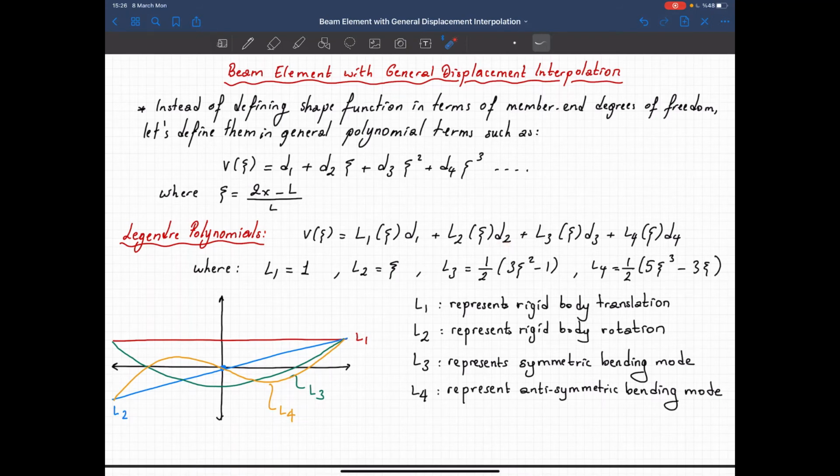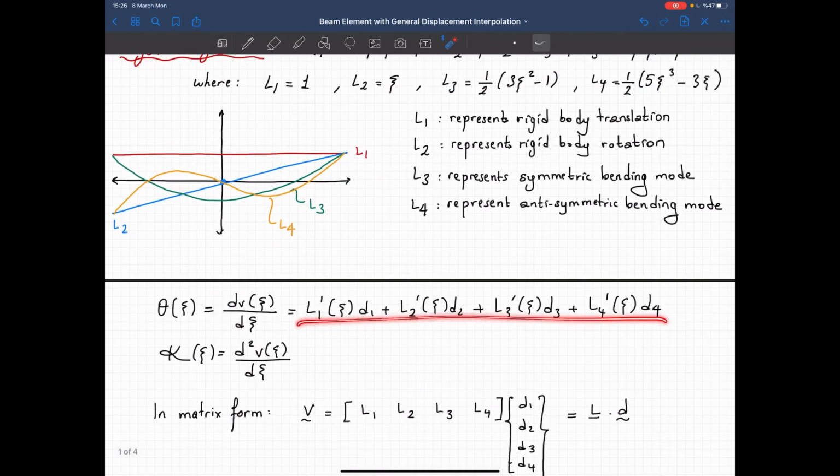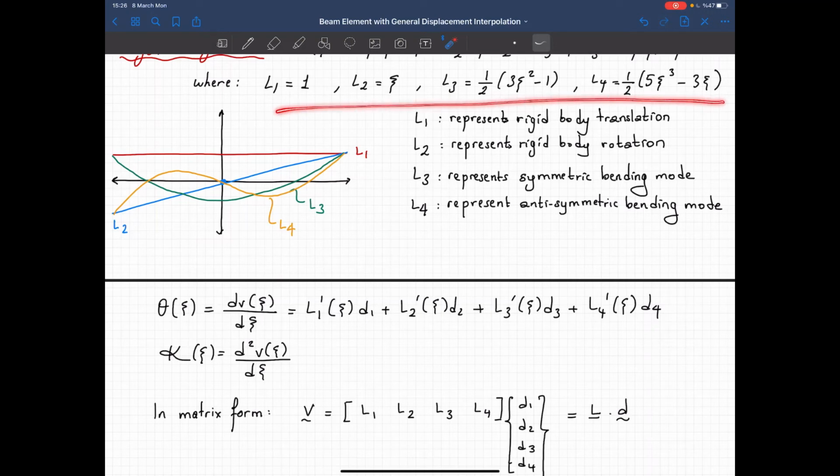So these are different displacement definitions. With these definitions, I have the displacement interpolation here, and that would be the rotation interpolation. And when you take the second derivatives of this function, you'll get your curvature definition.